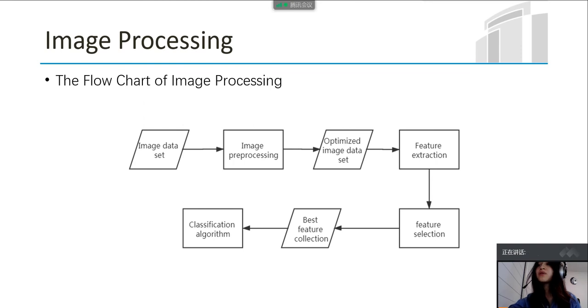The original image data set is pre-processed to enhance the related information. After image pre-processing, we get the optimized image dataset. After feature extraction and feature selection, we get the optimal feature collection. Finally, we get the result by the classification algorithm.